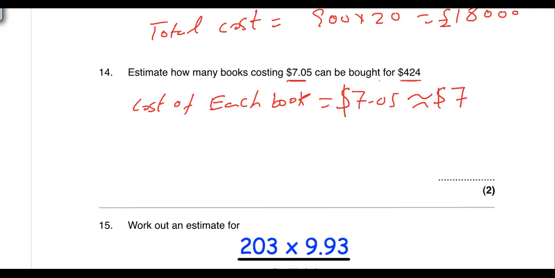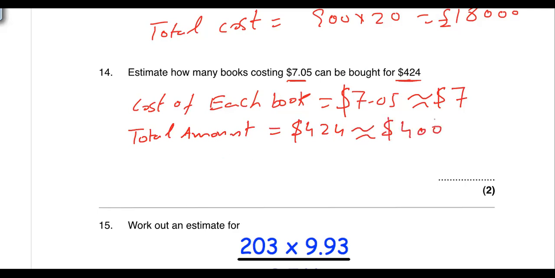Now, the total amount that a person is having is $424. So round this to one significant figure, it will be 400. Now, how many books can we buy? Look, the cost of one is 7. We have 400 total.